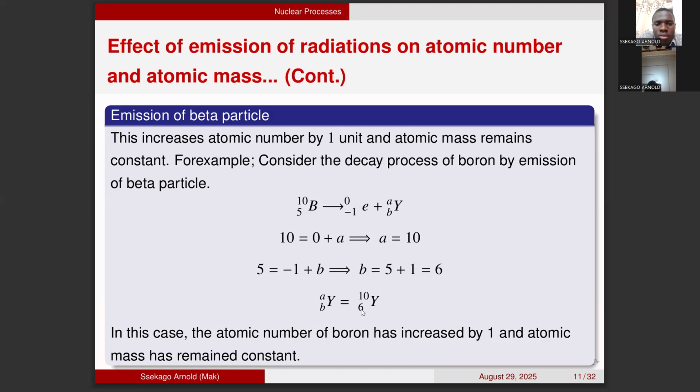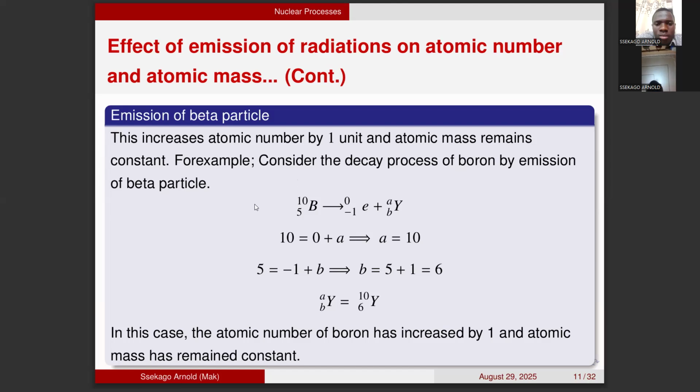So which activity am I going to leave here? I have considered the decay process of boron by emission of beta particle.